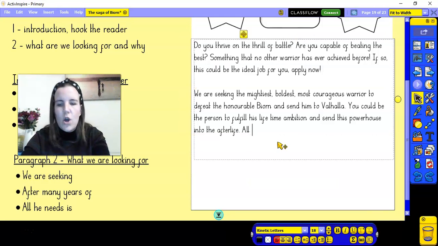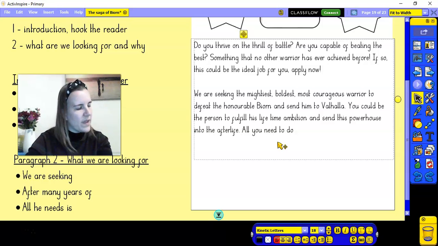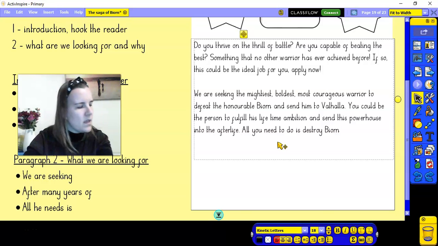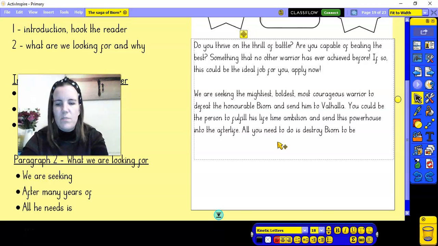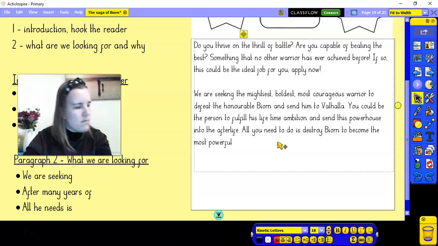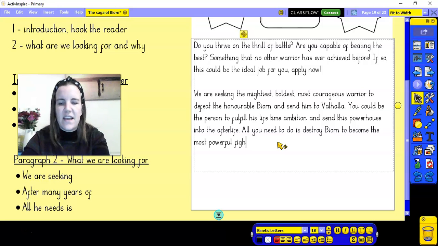So I'm going to use all you need to do. Okay. In order to persuade them, all you need to do is destroy Bjorn, capital letter for his name, destroy Bjorn to become the most, another superlative, the most powerful fighter. Now I've used warrior already, so I've come up with a different noun there.